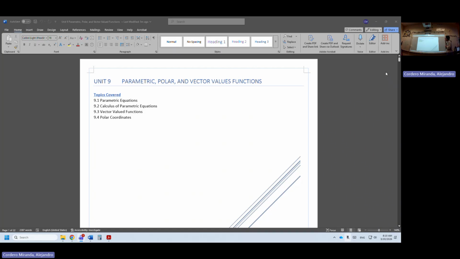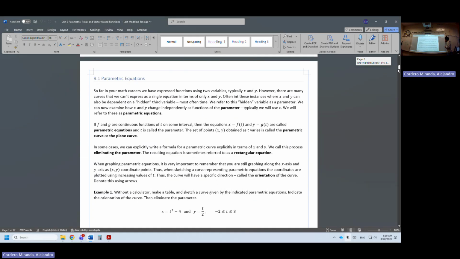But first is Unit 9, which is parametric equations and polar equations, which if you don't remember what that even is, we have that built into this little package to remind you of how these work.